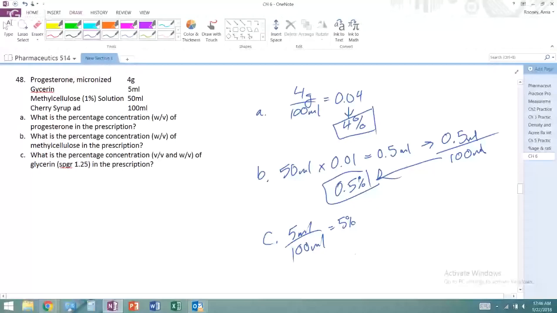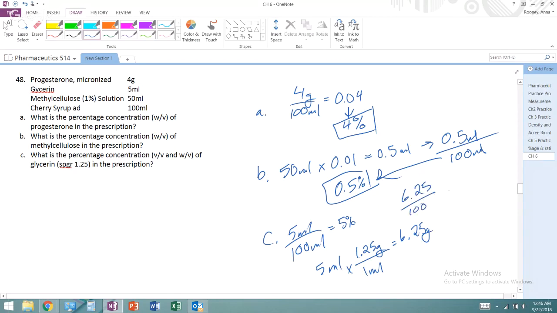And then we take 5 milliliters, 1 milliliter, 1.25 grams, which equals 6.25. And then 6.25 divided by 100 equals 6.25%.